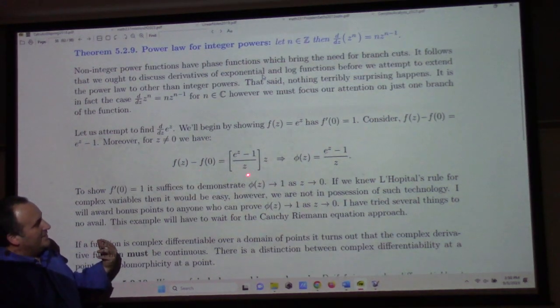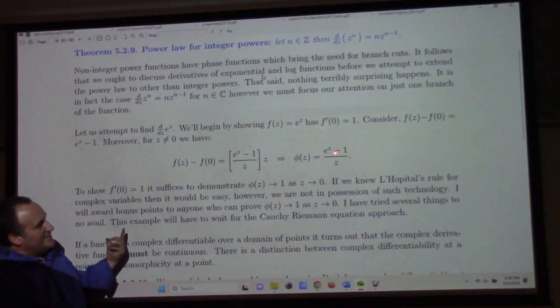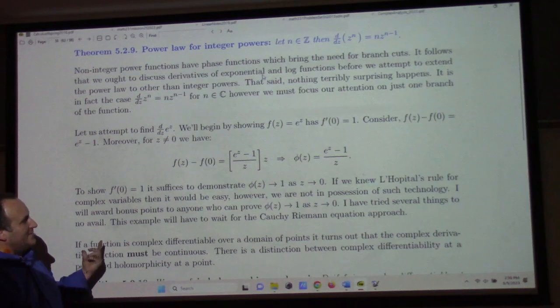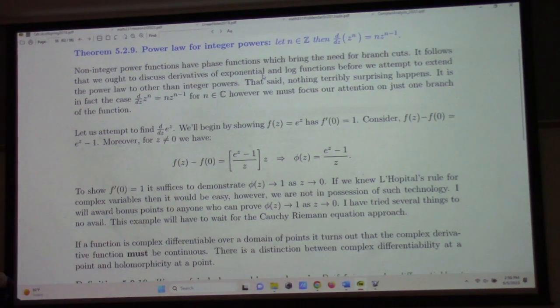And I can do it. Oh, look, here's the Caratheodory function. It's e to the z minus 1 over z. But then take the limit, for example, as z goes to 0.